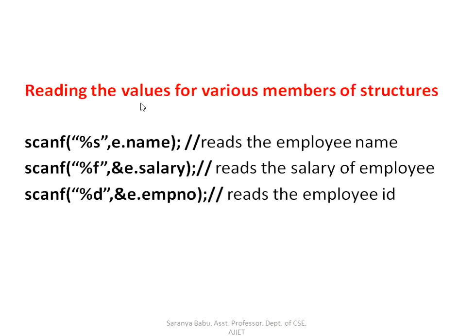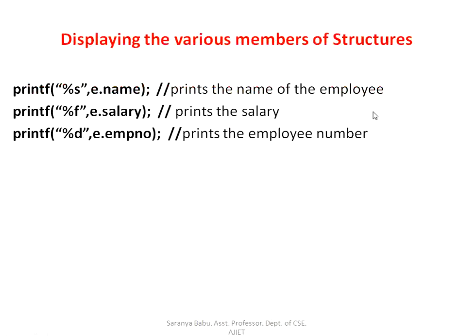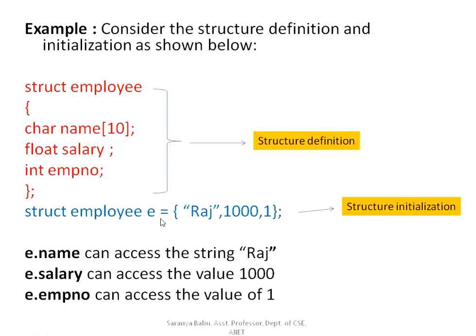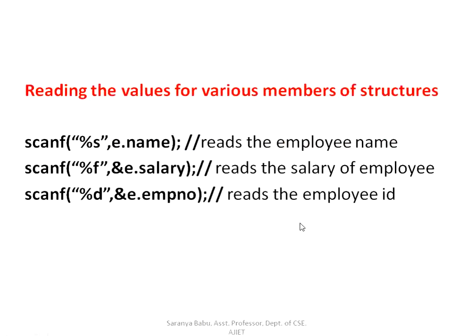Now suppose you want to read the values for various members of the structure. Say you did not initialize like this. If you have not initialized like this, how will you read the values?